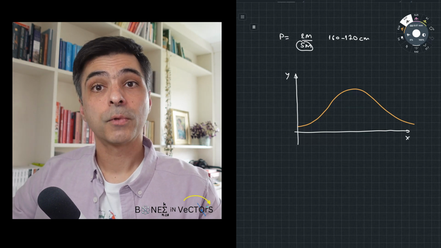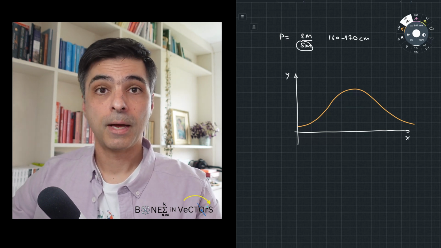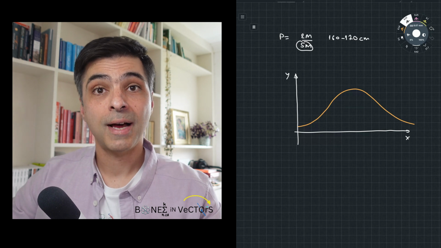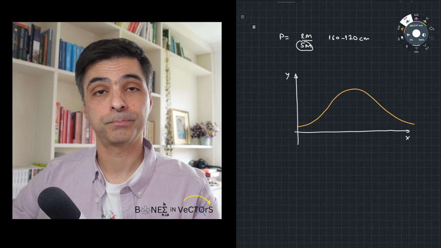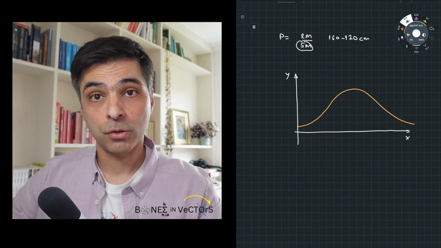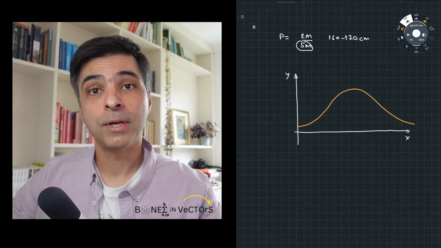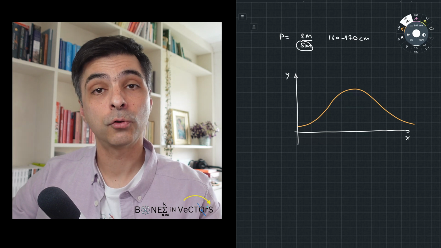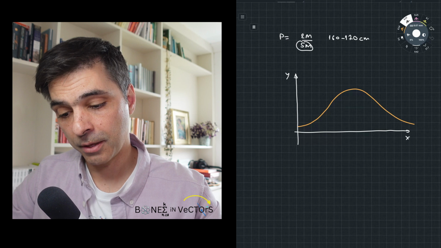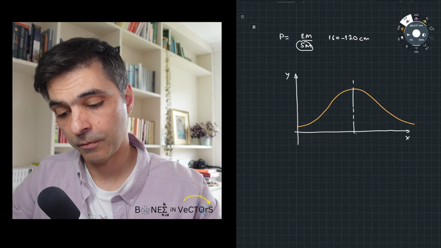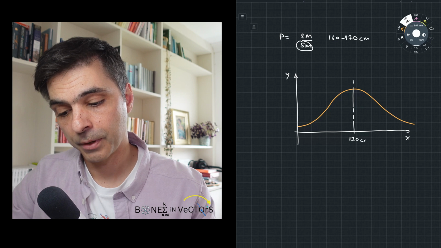This graph looks like a bell, and it is known as the normal or Gaussian probability function. It is called a function because it takes a unique and different value for different heights. So, for example, let's say that the mean value is 170 centimeters.